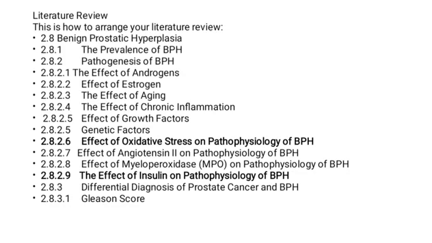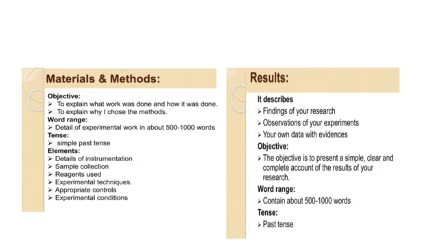Then after the literature review, you go into materials and methods, which has to do with stating how you did your project, how you carried out the research, the materials you used, and how you carried out the laboratory investigation.